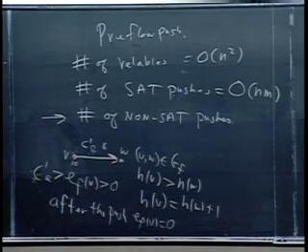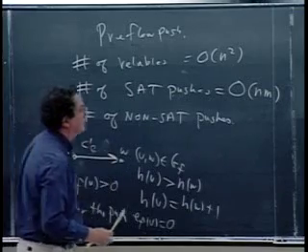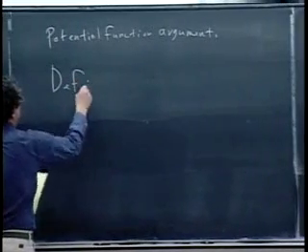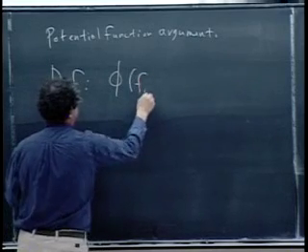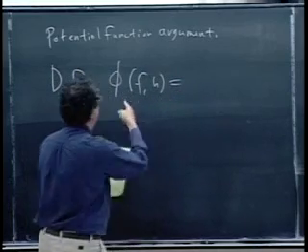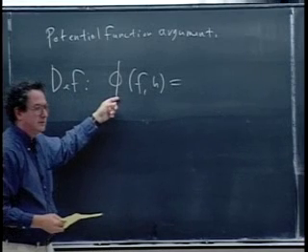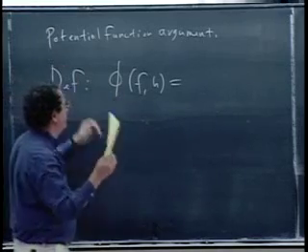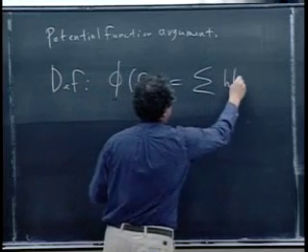Let me erase that. All right, so potential function just means we're going to be indirectly counting something, and this is what we're going to count. This function, phi, some Greek letter, is the summation of h(v).